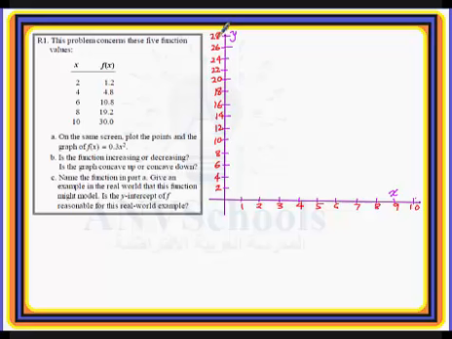So let's do up to 28. Now we are going to plot the points according to the two rows.